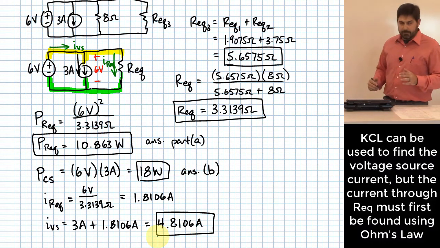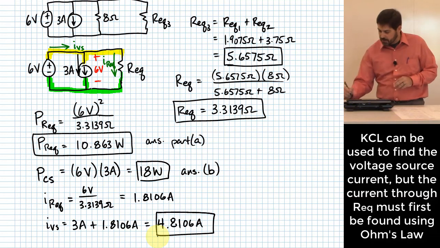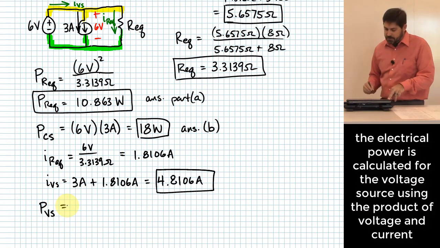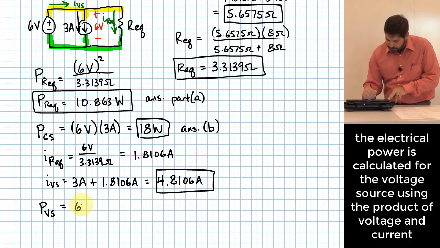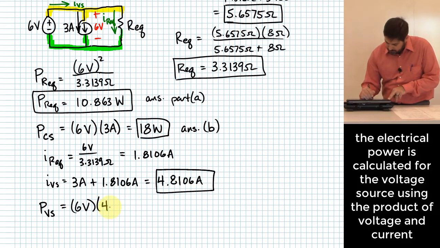Is that what I'm looking for? Not quite. Almost there. What else do I need to do? The power for the voltage source is going to be equal to its voltage, 6 volts, multiplied by the current that it has to supply at that voltage, right? 4.8106 amps.